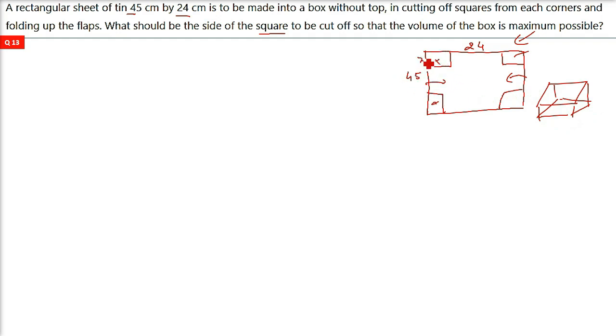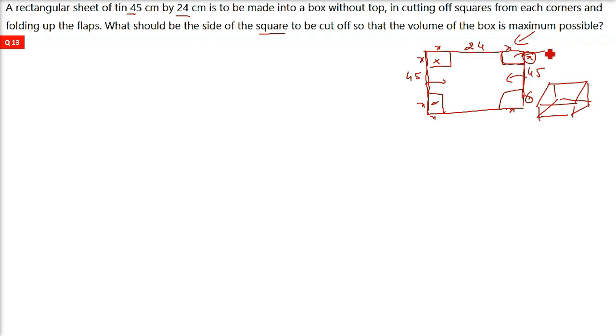So this is x. All of them are x. So all the sides are x for the square. For the length and breadth, when we remove the parts, for every side 2 x's are being eliminated.